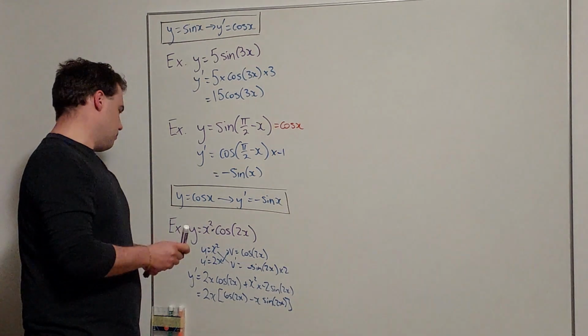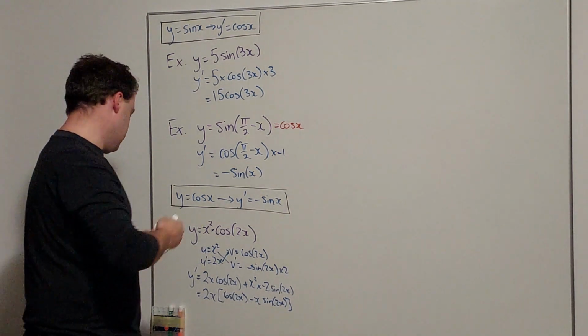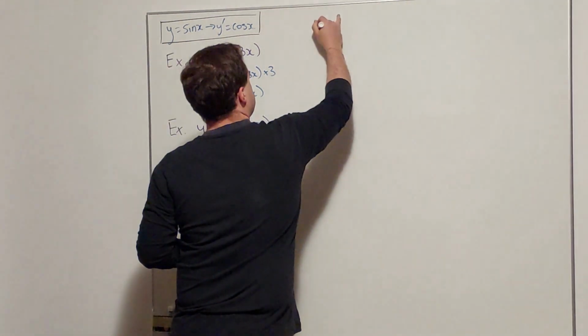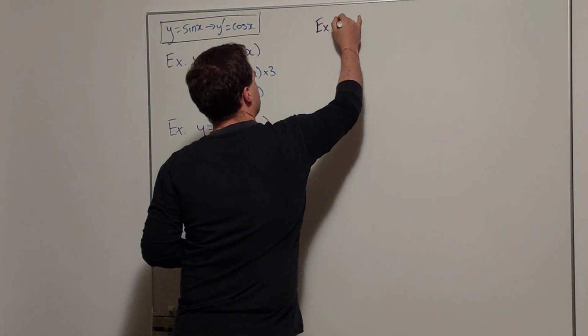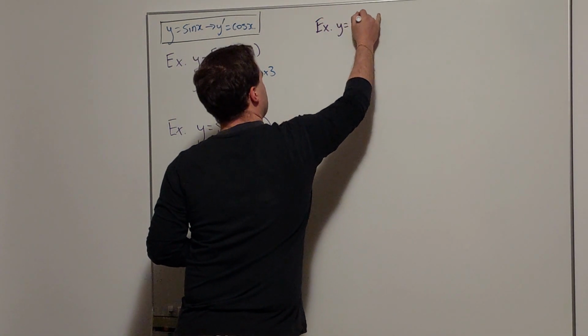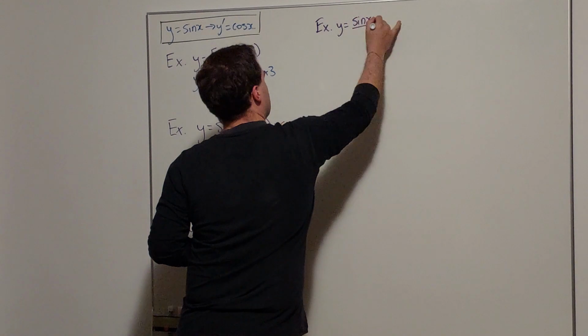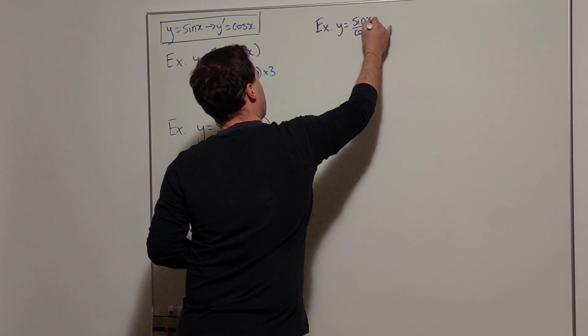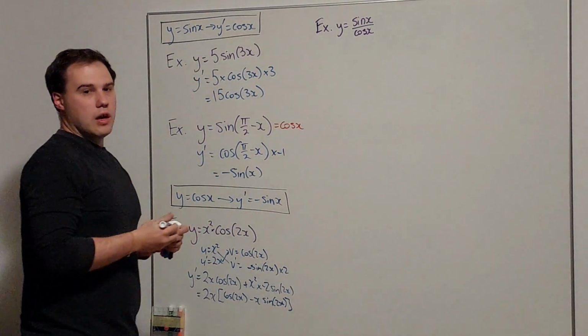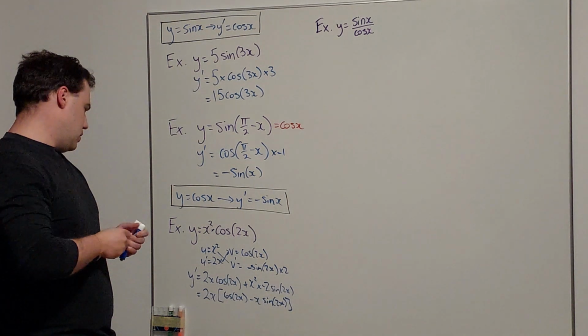Alright, product rule. Let's try an example with the quotient rule. Alright, so this will use both of our new rules together.